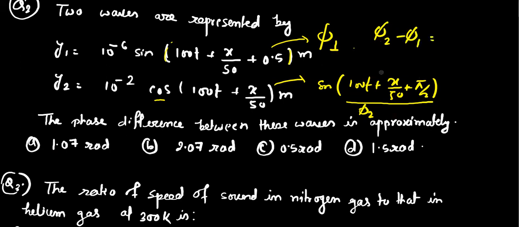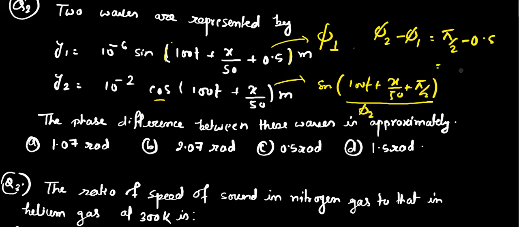Now phi 2 minus phi 1 we can easily find on subtracting the first expression from the second. 100t will cancel out, x by 50 will cancel out, and only pi by 2 minus 0.5 will remain.